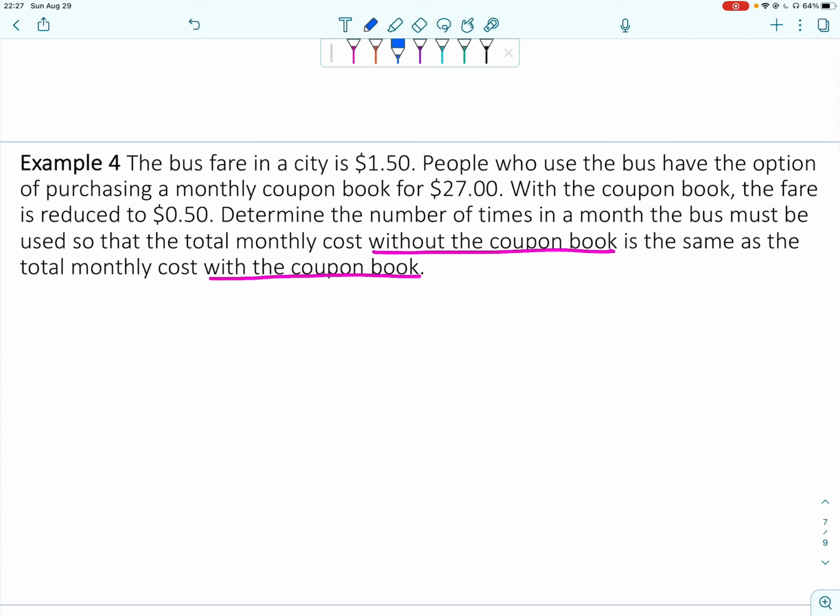So without the coupon book, it costs $1.50 per trip on the bus.